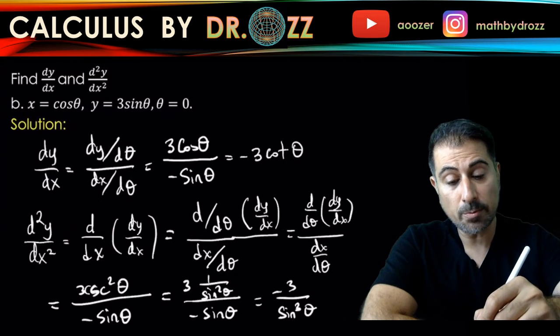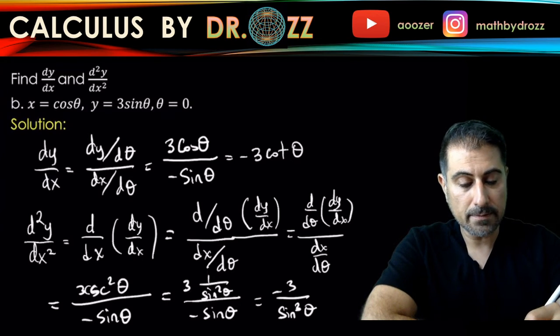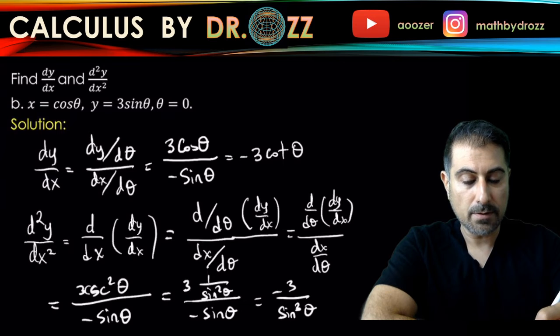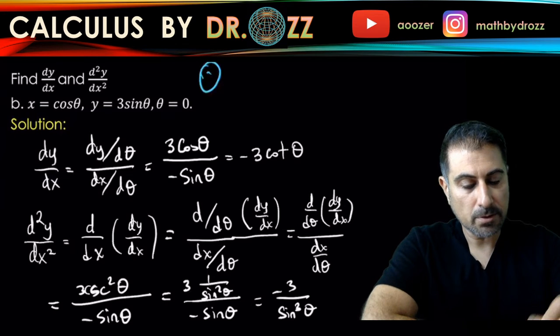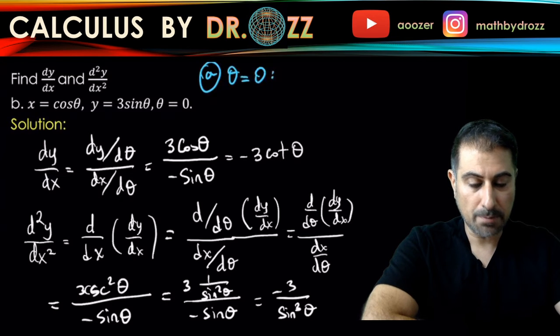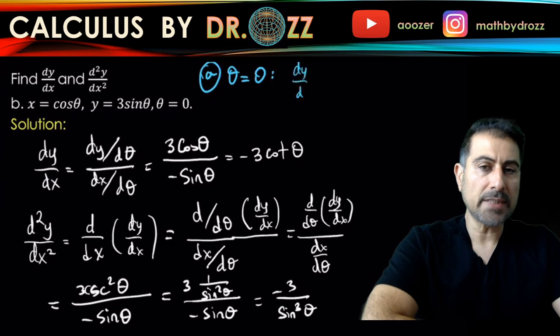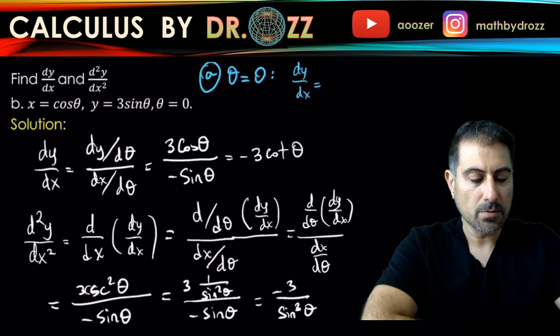So we can find the slope and the concavity at theta equals 0. I'm sorry, not t. The parameter is theta in this problem. So here we go. dy over dx is negative 3 cotangent 0.